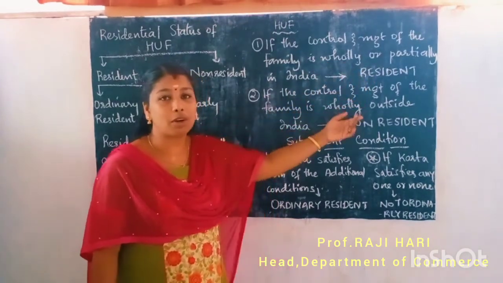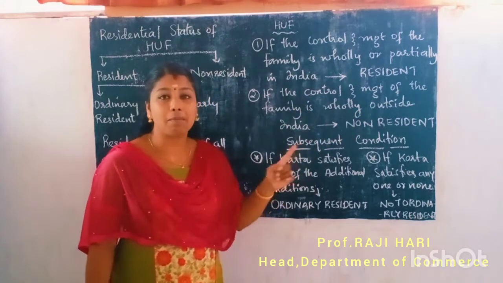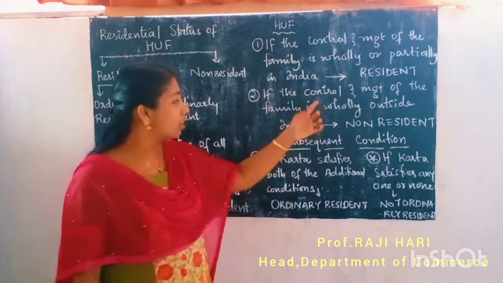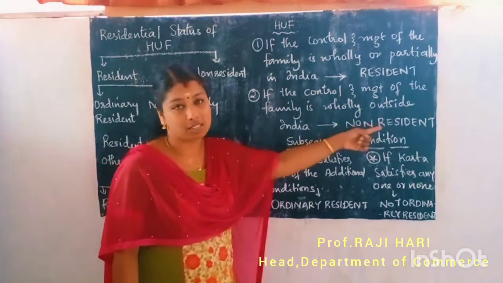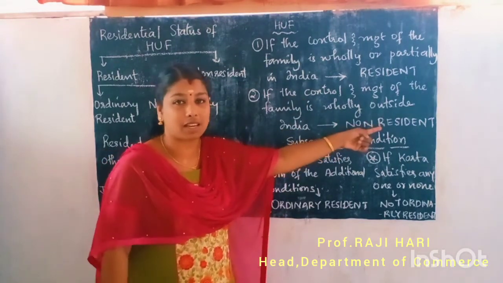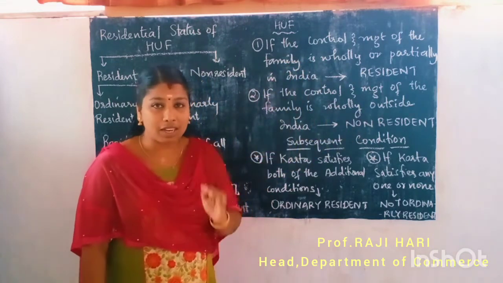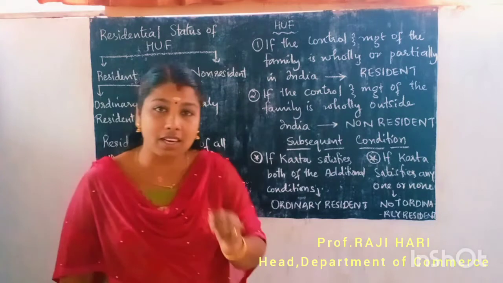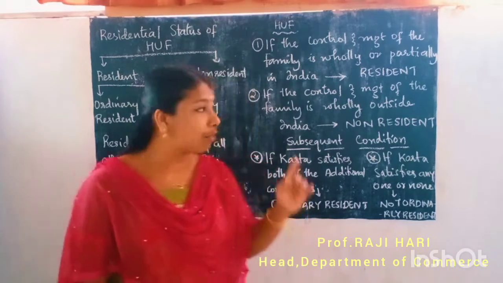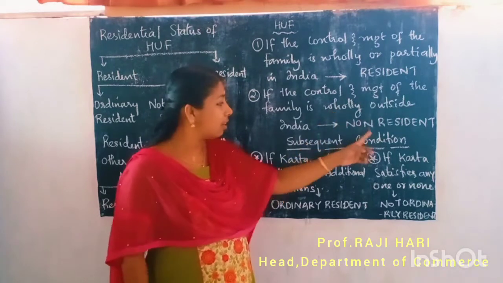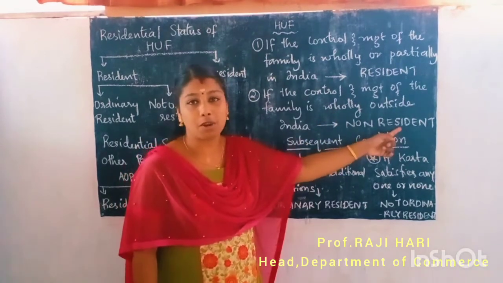So when does it become non-resident? If the control and management of the family is wholly outside India, that family is non-resident. This is the first basic check, whether the family is resident or non-resident.